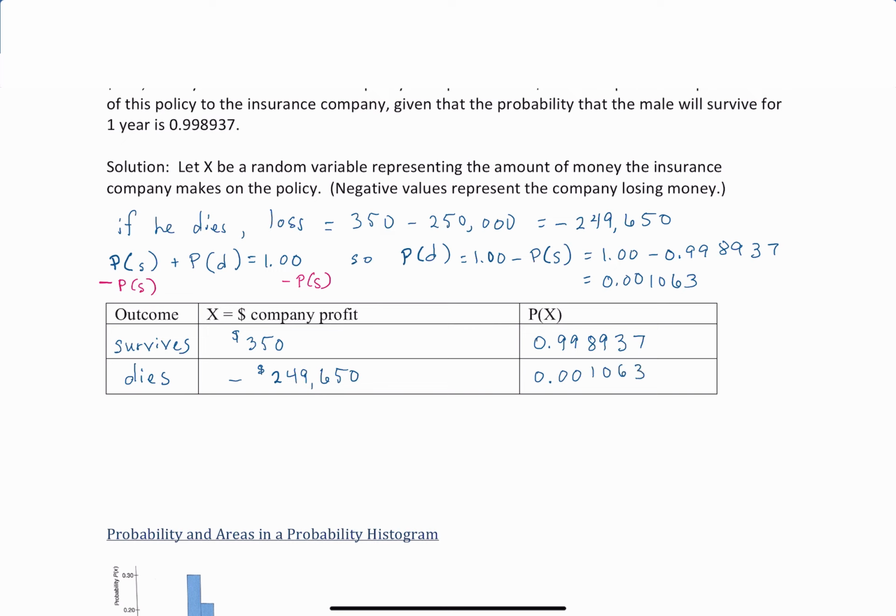Now we're ready to compute that expected value. And as we said before, expected value is just another name for the mean.